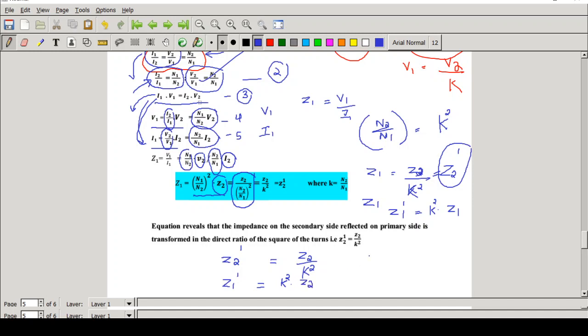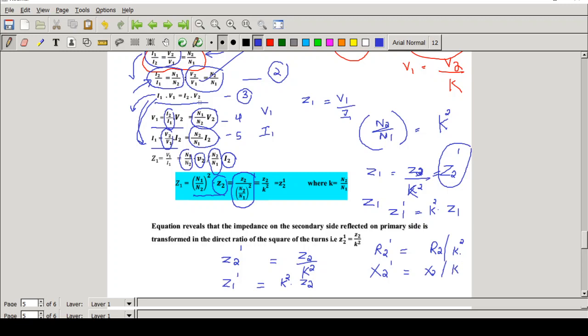Now not only the impedance, the resistance will also be transferred like this. Suppose R2 is the resistance in the secondary winding. When you refer it to the primary, it will be R2 dash, that is equal to R2 by K squared. Again, suppose X2 is the reactance in the secondary. If you want to transfer it to the primary, you put a dash, that is equal to X2 by K squared.